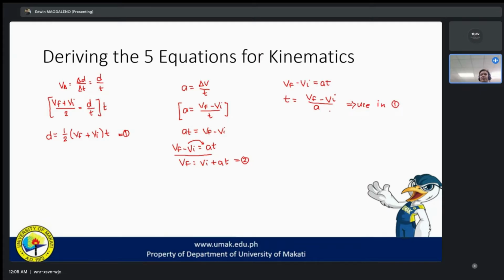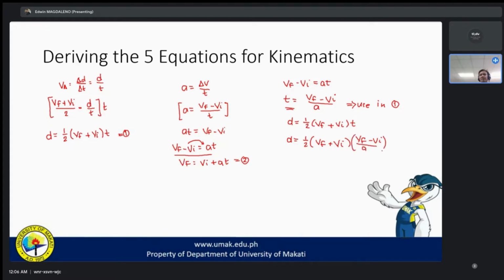Equation 1 says that distance or displacement is equal to 1/2 final velocity plus initial velocity multiplied by time. So let's use this one on time. We have displacement is equal to 1/2 times final velocity plus initial velocity multiplied by final velocity minus initial velocity divided by acceleration.